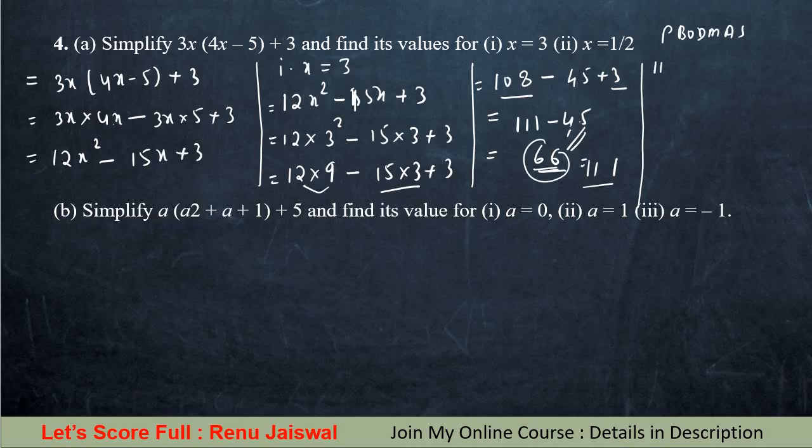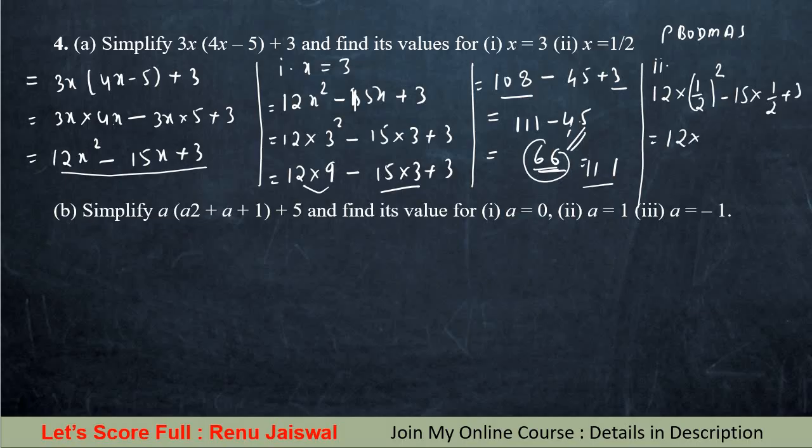Now the second part is still left. X is equals to 1 by 2. Substitute the value. So 12 in place of x. I have this polynomial, so I am not writing it again. But while solving an exam, you have to do that. X ka value is 1 by 2 and its square. Minus 15. X ka value 1 by 2 plus 3.